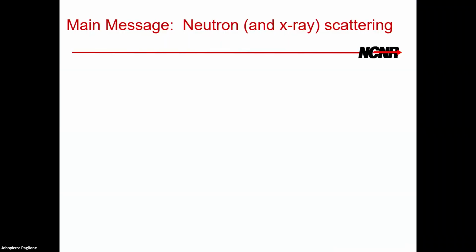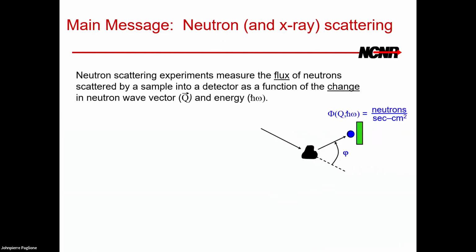Okay, so the main message is for scattering, what you do is you have an incoming flux of electrons or X-rays or neutrons, and then they scatter from your sample and end up in your detector. You're measuring a process. You need to know how many particles coming in, how many end up in your detector.